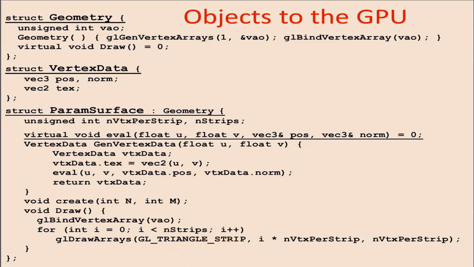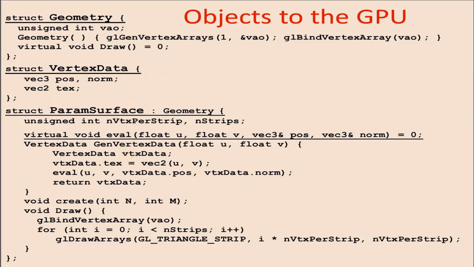Vertices are stored with the position of the vertex and the surface normal of the surface, and also the corresponding parameter pair used as texture coordinates. These data are encapsulated in the vertex data structure. When the vertex data object is computed, we need a particular definition of the parametric function which is not available on this abstract level.